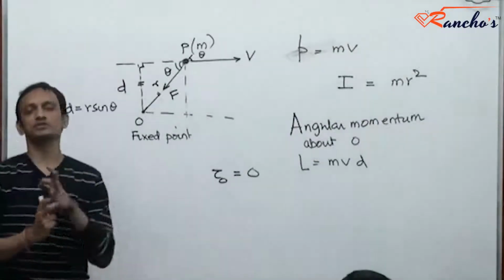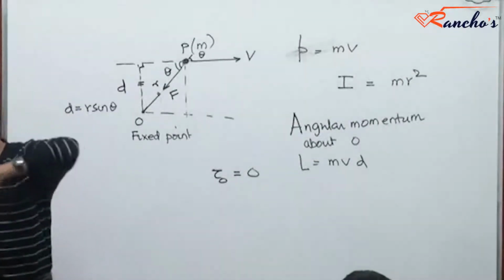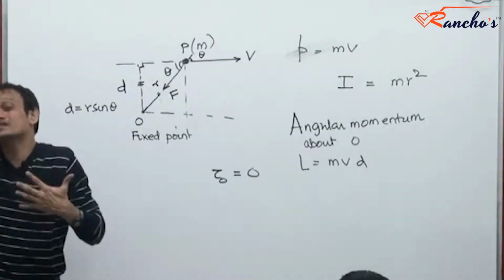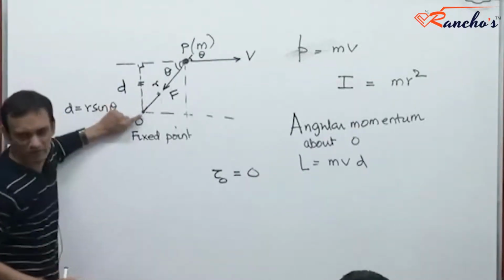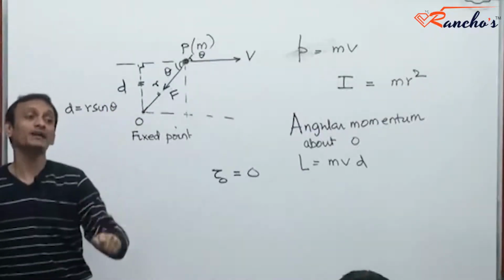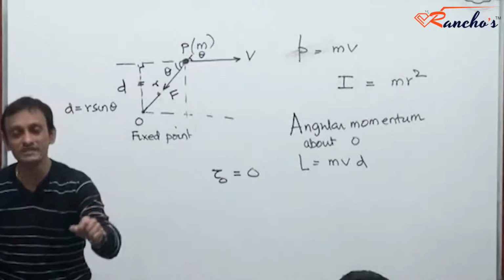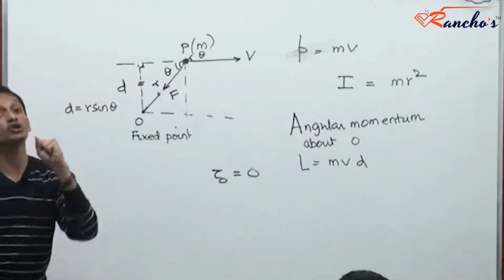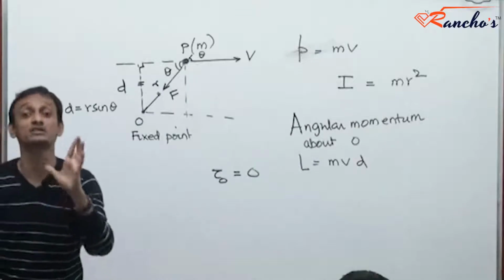And once this happens, if at all times the particle is being acted upon by a force whose line of action always passes through the fixed point O, then the torque at every instant acting on the particle about O is going to be 0. And when the torque about O is 0, then the angular momentum of the particle remains conserved all the time.